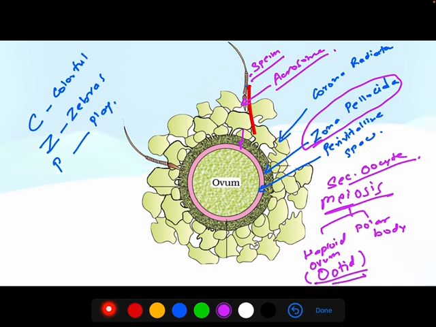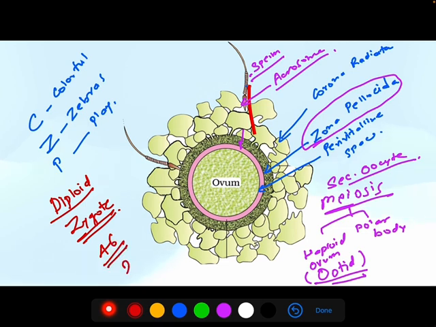Now the ootid is haploid, the sperm is haploid. So the end result will be a diploid zygote. The number of chromosomes in the zygote will be 46, that is 23 pairs.